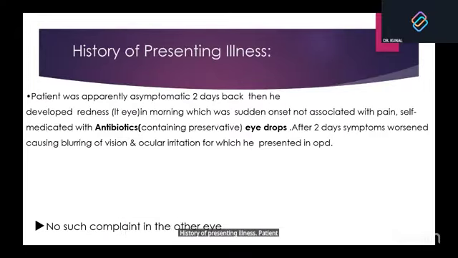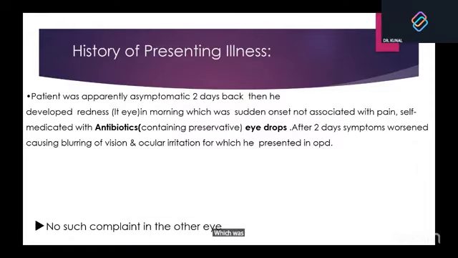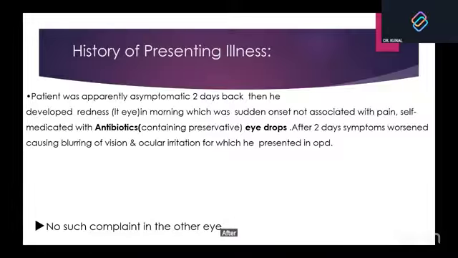Patient was apparently asymptomatic 2 days back. Then he developed redness in left eye in morning, which was sudden onset, not associated with pain. Then patient self-medicated with antibiotics containing preservatives. After 2 days, symptoms worsened, causing blurring of vision and ocular irritation, for which he presented in OPD.